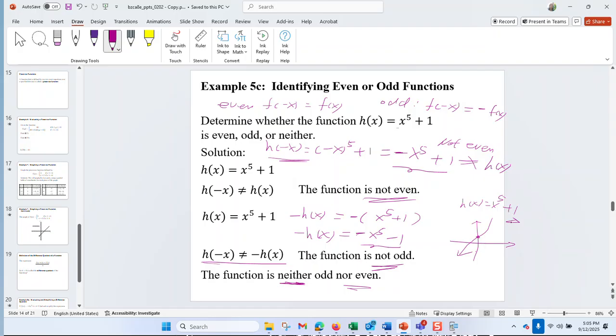This point is not symmetric with the origin anymore. If we didn't have this plus 1 right here, this would be an odd function. But with it, the graph moved up 1 unit, so this is not an odd function anymore.